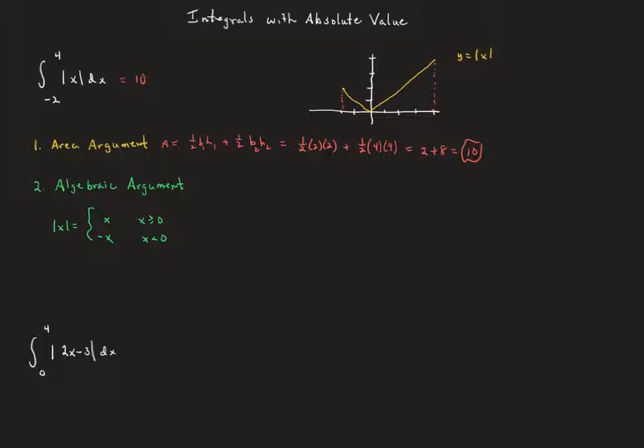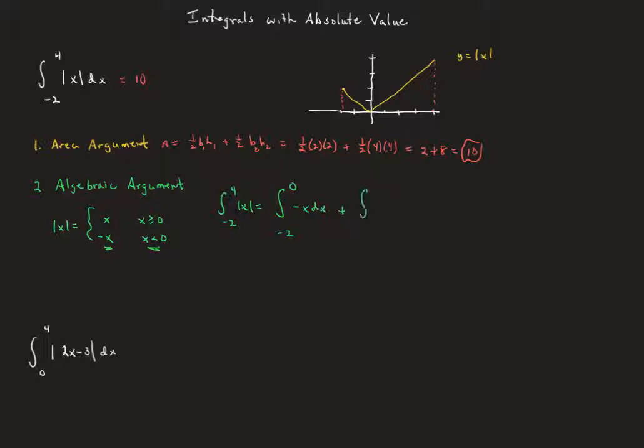So that means our integral from -2 to 4 will be broken up into two integrals. So from -2 to 0, where our values of x are negative, then we will actually integrate -x dx.